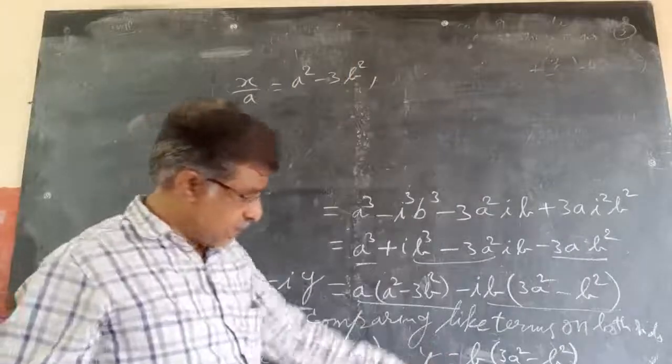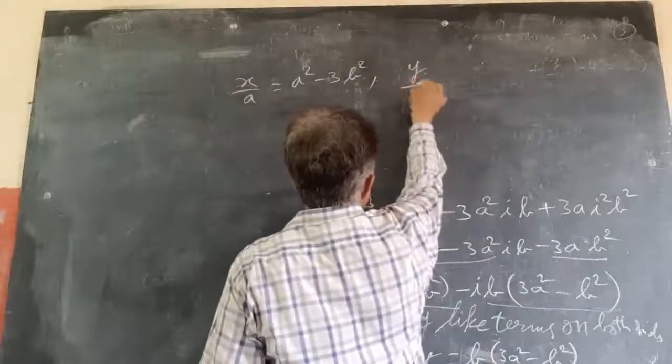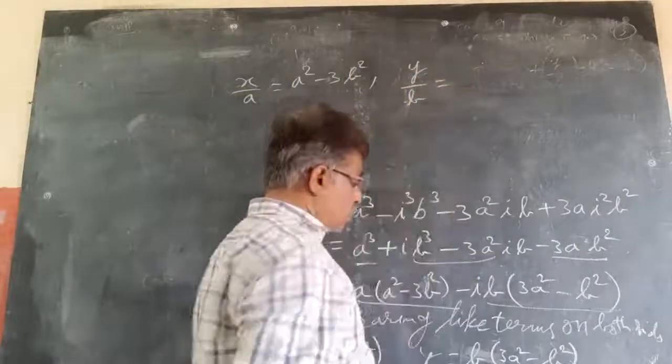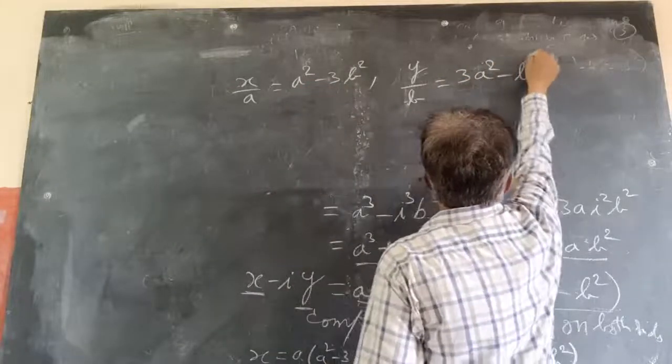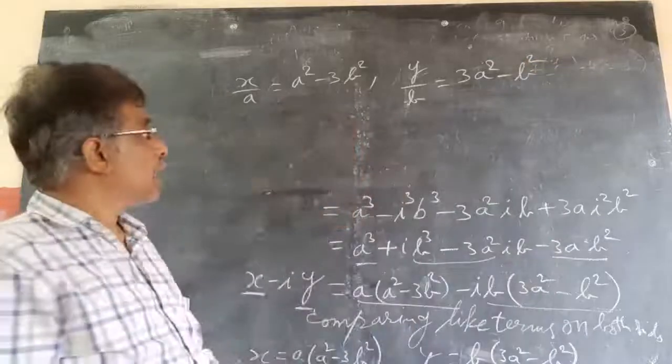And b to this side, y/b equals 3a² - b². Now add these two.